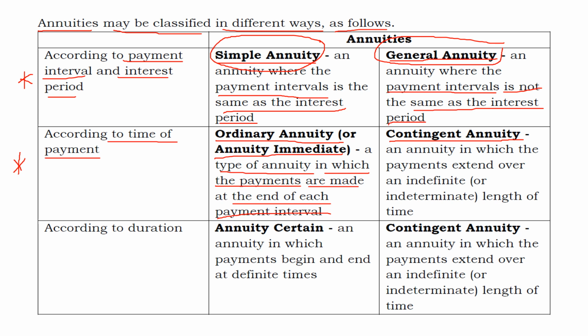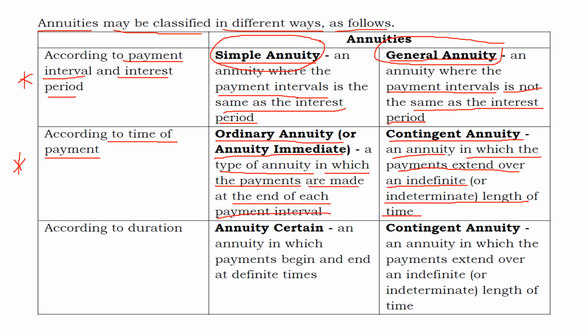Now, in your contingent annuity, an annuity in which the payments extend over an indefinite or indeterminate length of time. Even if there is a payment interval, the payment can be done after the payment interval.